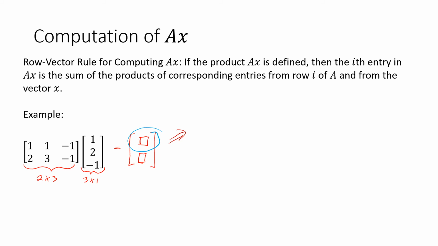So in other words, we have the first row, and we don't really care what we have underneath, times 1, 2, negative 1 equals. We're looking for a 2 by 1, and we're really only asking about what's the first number here. Well, if you only want that number, you just have to take the first row of A times the column.